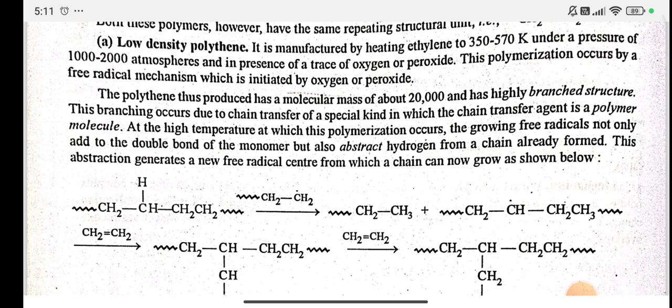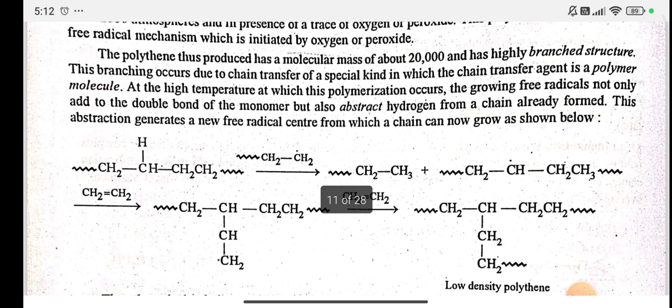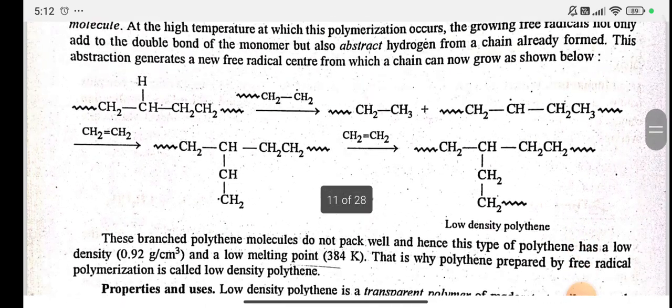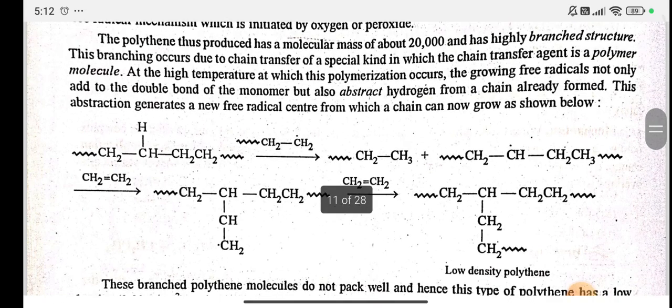This polymerization occurs by the free radical mechanism, which is initiated by the oxygen or peroxide. The polythene thus produced has a molecular mass of about 20,000 and has a highly branched structure. This branching occurs due to chain transfer of a special kind in which the chain transfer agent is a polymer molecule.